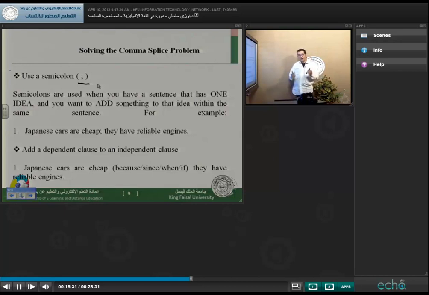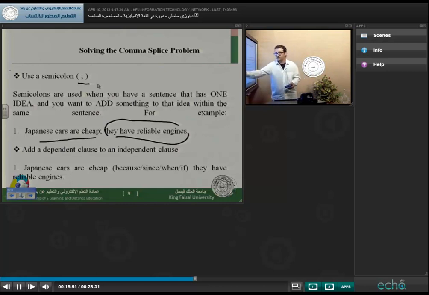You have one idea in the sentence and you want to add something to it. For example, Japanese cars are cheap. They have reliable engines, right? So the second sentence here adds something to the first sentence.